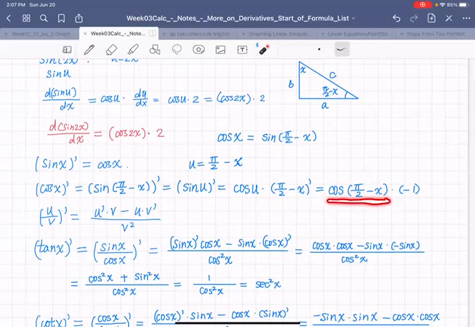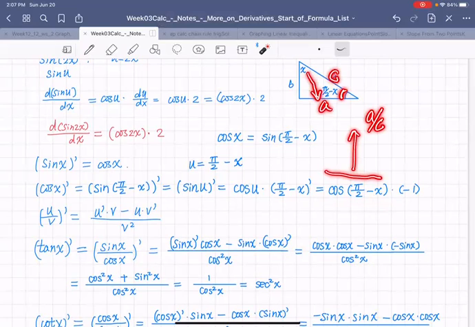How much is this one here? Look, cosine of this angle equals A over C, and A over C is opposite over hypotenuse, so that is sine x.